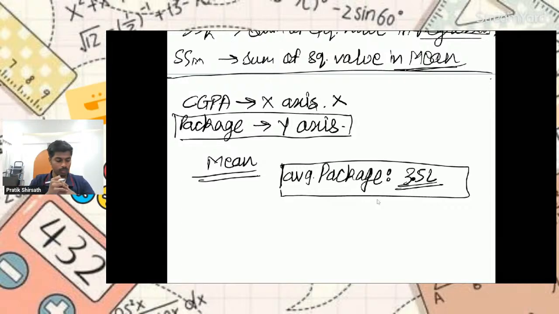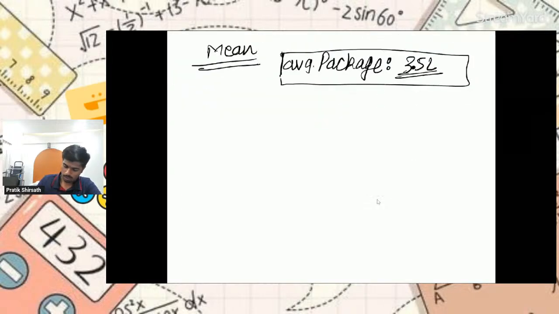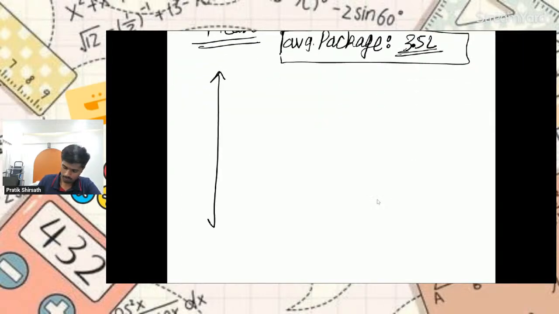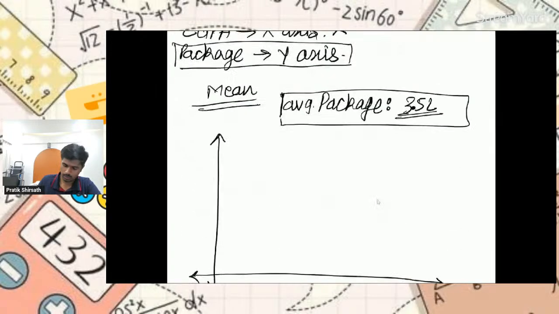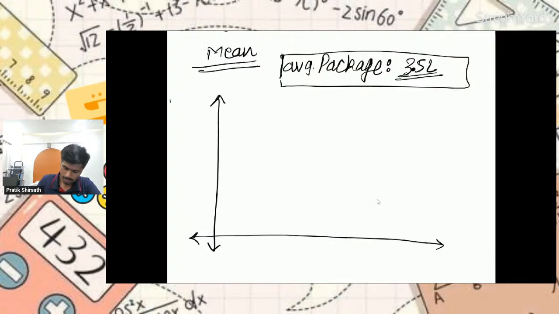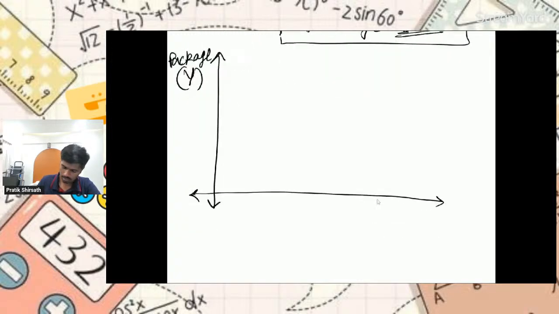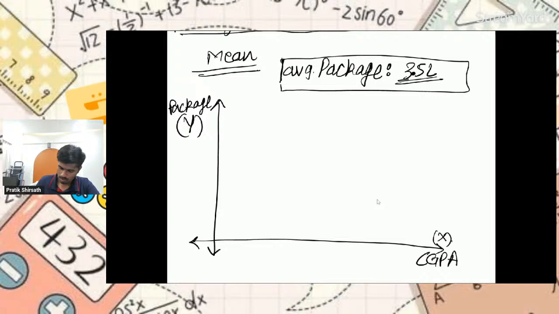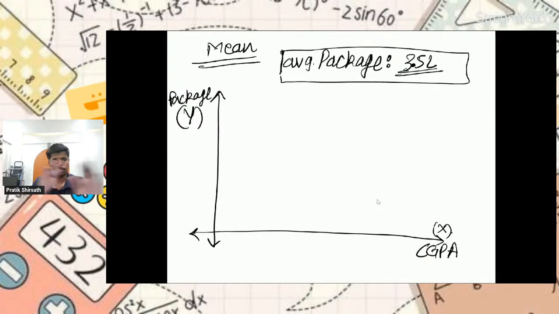Now let me draw a graph. As I've earlier discussed, my x-axis will be my CGPA and this is my package on the y-axis. Forget that I have CGPA for now, I only have package. These are my points.